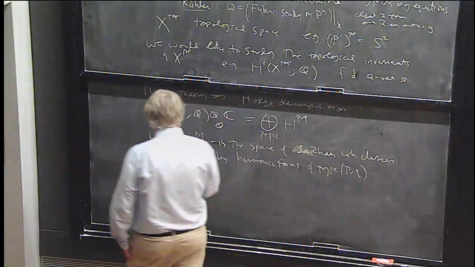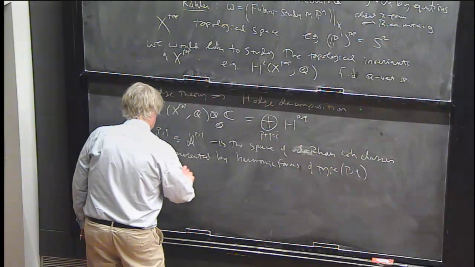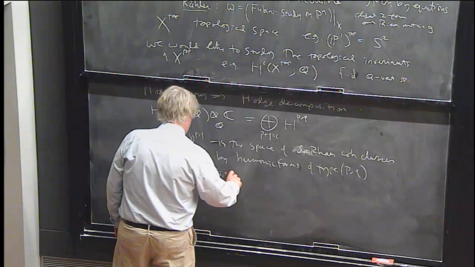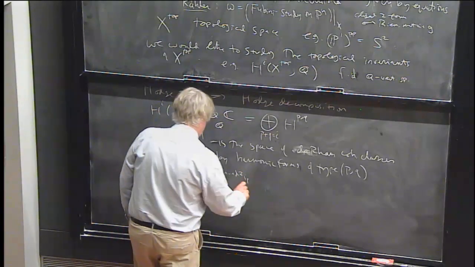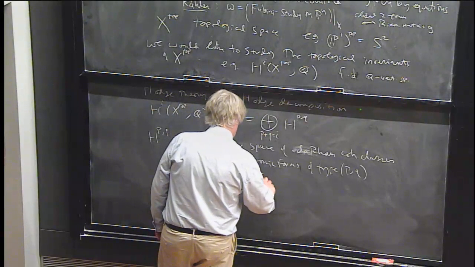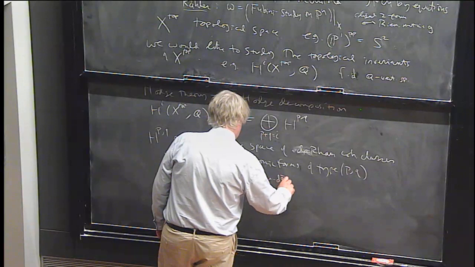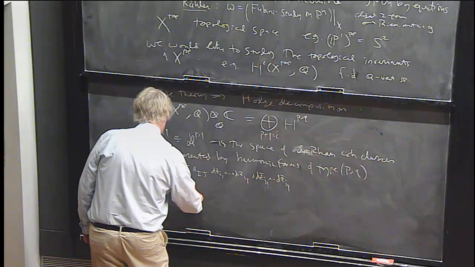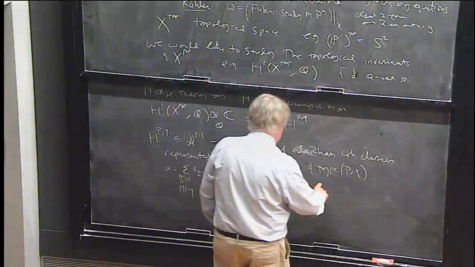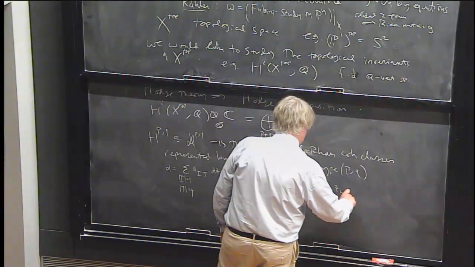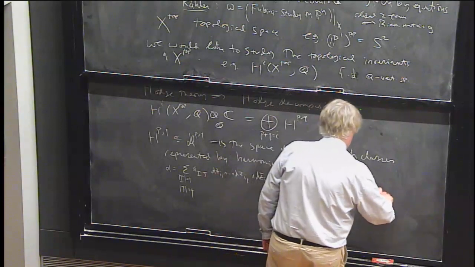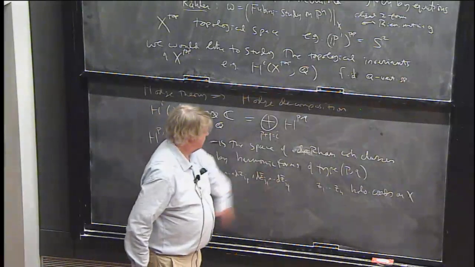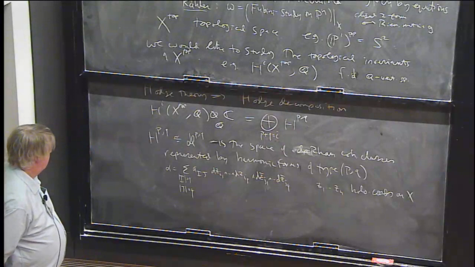This means our form, let's call it alpha, is going to be written as a sum of a_{IJ} dz_{i1} through dz_{ip} dz-bar_{j1} through dz-bar_{jq}. And what are these? z1 up through zn are the holomorphic coordinates locally on X, and the z-bars are the complex conjugates of that.